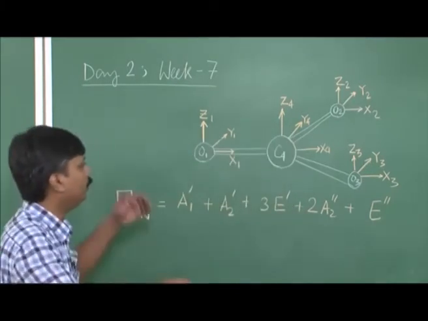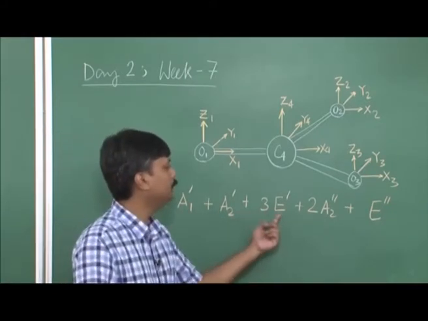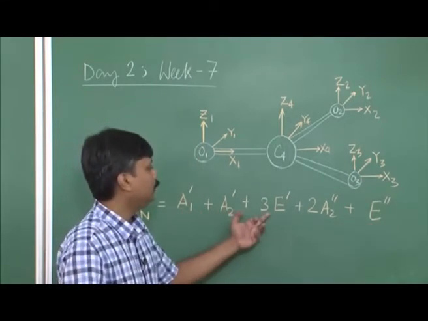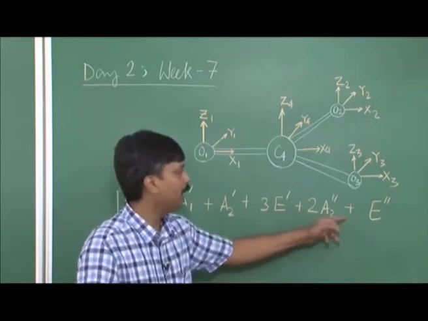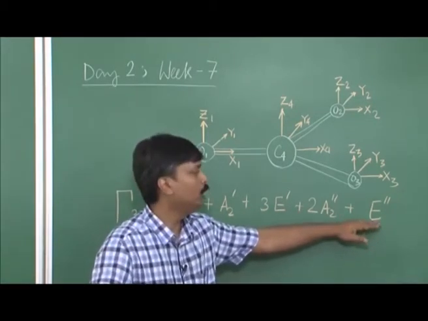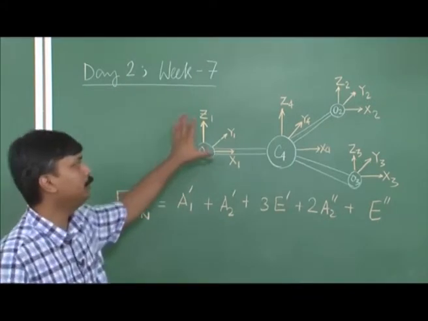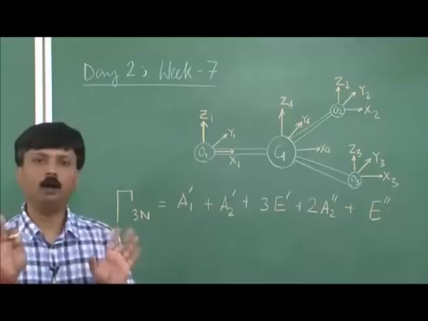So if you can cross check here, you will see these two are one dimensional and these e's are two dimensional. So 1 plus 1 2, then 6 8, and then again 2 10, and then again 2 12. So total dimensionality is 12, which matches with the overall number of basis vectors that we have used. So everything is in order.